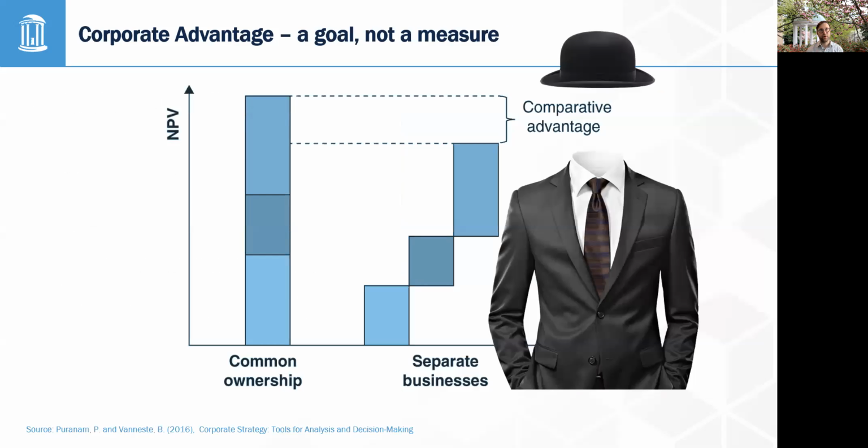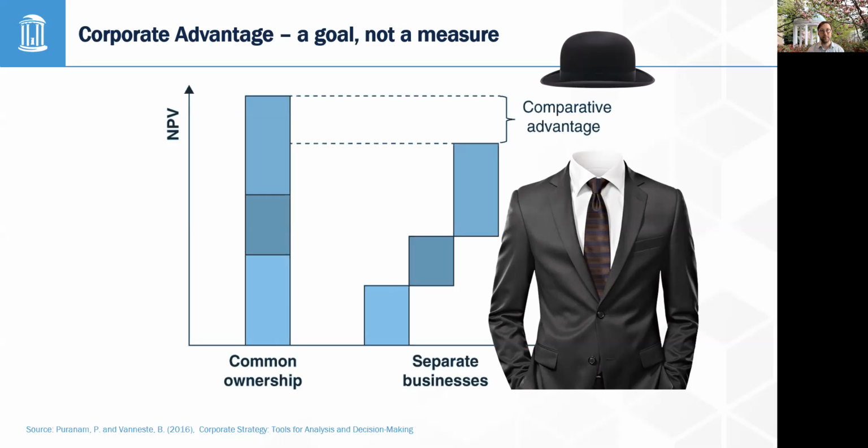Another key thing to remember about corporate advantage is that it's a goal. It's not something that can be measured by looking at financial statements. It's really something that fundamentally changes the nature of the businesses involved. So you can't just look at earnings multiples or revenue multiples, because part of the goal of creating synergies is to increase revenue or to lower costs and increase profitability.